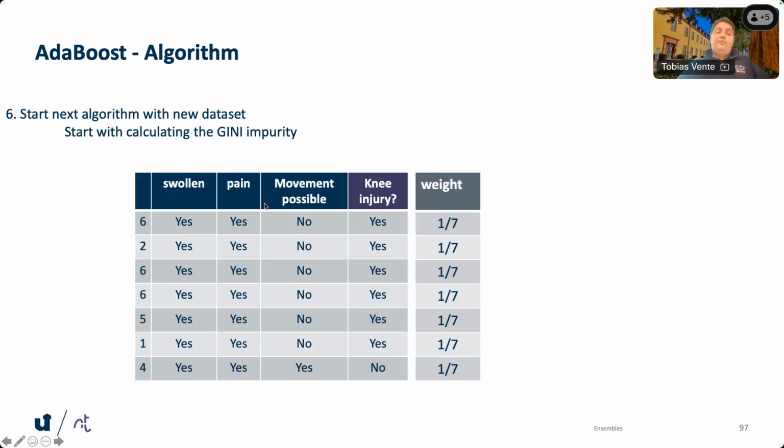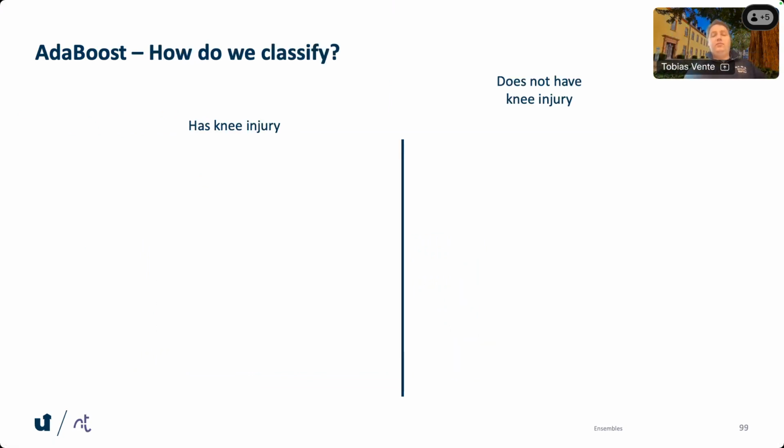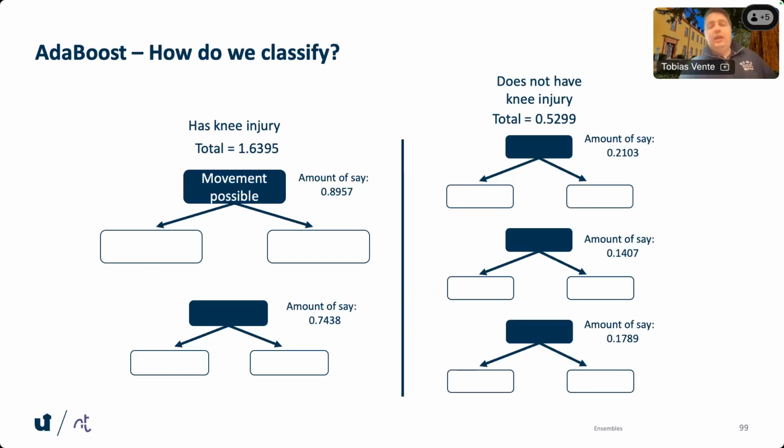Once you have your new data set that is created based on the previous tree, you start from the very beginning, over and over again. It's basically a loop, and then you end up with this series of trees. Now let's get back to our final prediction or classification.